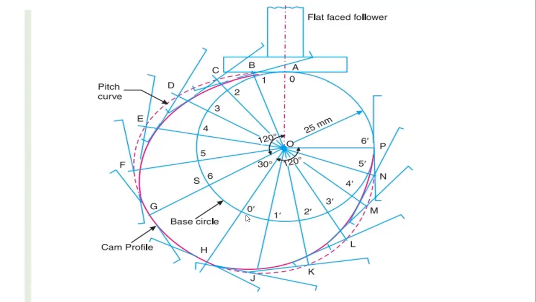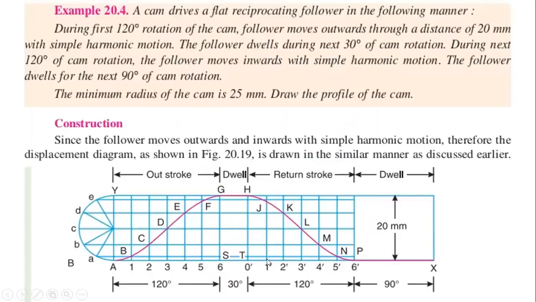Then take the displacement diagram length again. So take 1 dash to J, 2 dash to K, 3 dash to L, 4 dash to M, and 5 dash to N.